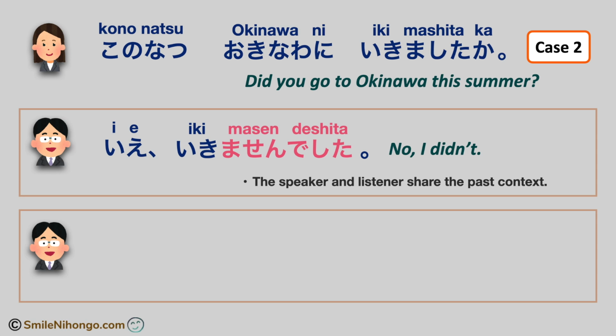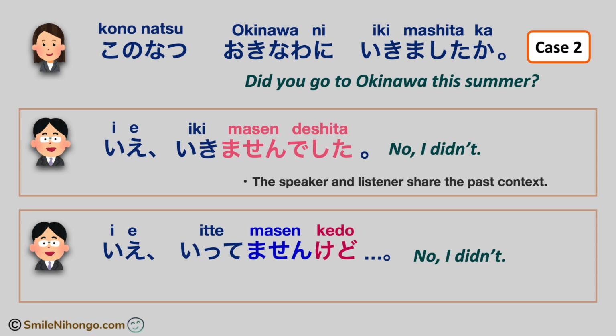And the woman suddenly asks him, Did you go to Okinawa this summer? Then he would most likely respond, いえ、行ってませんけど。Again, the connotation of no I didn't but why do you ask is implied here.